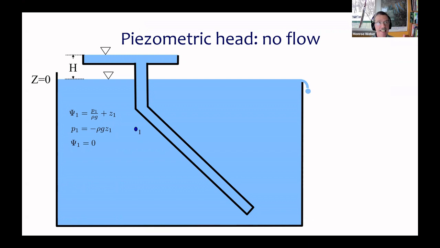Piezometric head in a lake is 0, which all that means is that if you take a straw out to, let's see, you're not that close to Lake Ontario, but no, it's Erie. Which is above you? It's Erie. Okay, if you would go up to Lake Erie and stick a straw into it, how high would the water rise in the straw? The water would rise to the surface of the lake. And that defines your datum: if your z equals 0 point is the surface of your lake, that's a representation that piezometric head is 0.